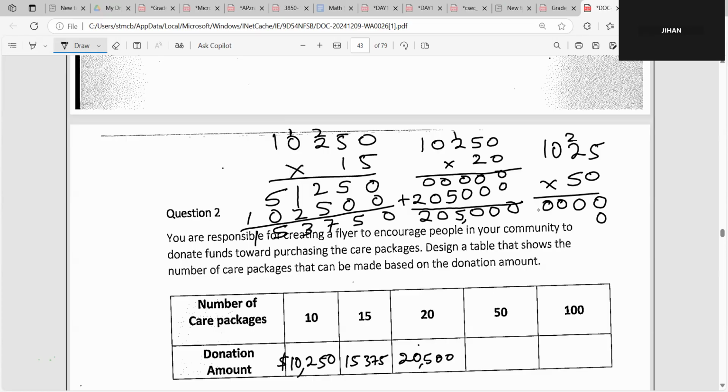We're going to put down the 5 and carry the 2. Then 5 times 2 is 10, plus 2 is 12. Put the 2 and carry the 1. Very good. 5 times 0, 0, plus 1, 1. And then 5 times 1 is 5. So it's going to be 51,250.